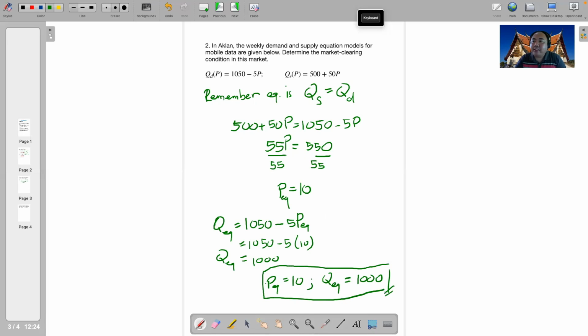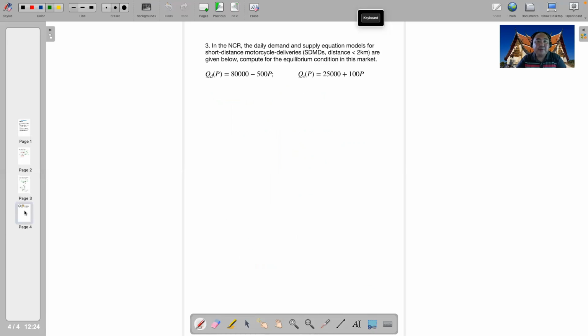If that's a little bit confusing, let's go to the second example because it might be easier for you. By the way, you may use calculators if you want. This is in NCR: the daily demand and supply equation models for short distance motorcycle deliveries, or SDMDs, are given below. Compute the equilibrium condition in this market.